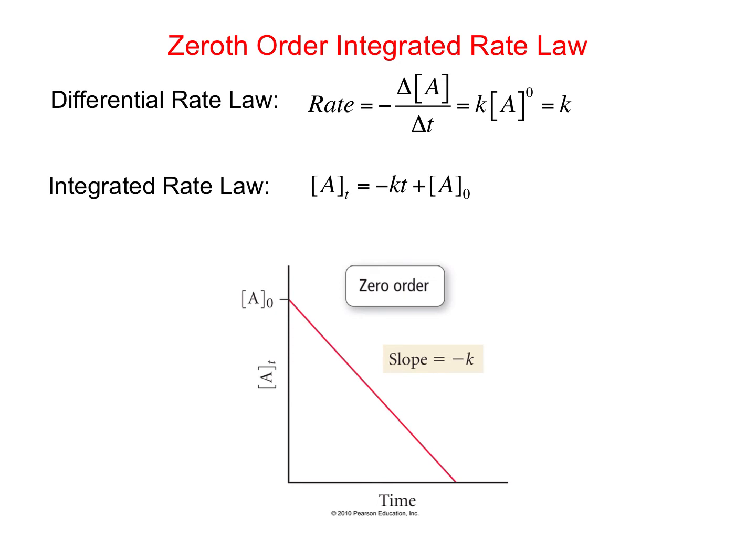All right, and then here we have a zeroth order reaction. So the differential rate law is rate is equal to k times A to the 0 power. Of course, A to the 0 power is just 1, so the zeroth order rate law is just rate is equal to the rate constant. The form that the integrated rate law takes for a zeroth order reaction is given here.